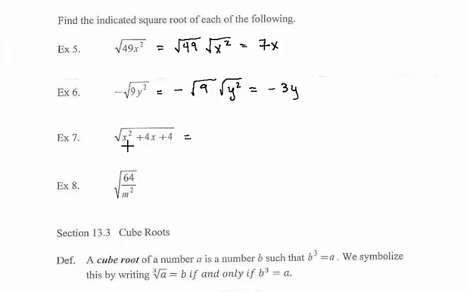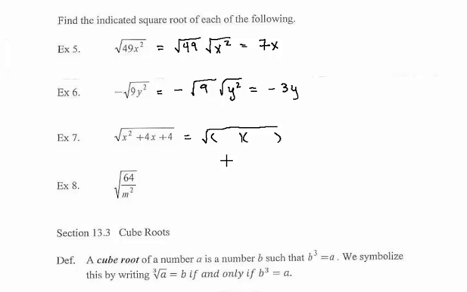Now, for example 7, as I said at the beginning of this page, you cannot separate the x squared, 4x, and 4 into separate radicals. What we do in this case is use what we learned from the previous chapters and break this trinomial up into its factors.